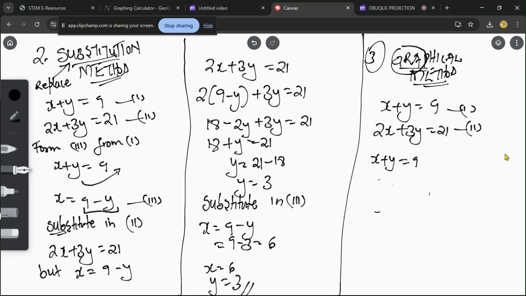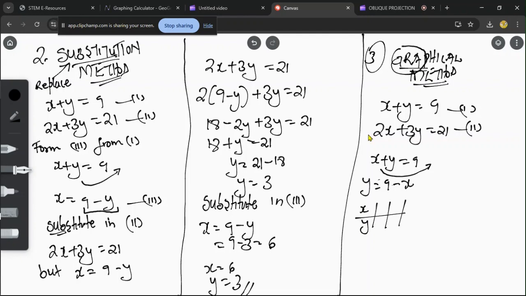So let me take x on the other side. If I take this one to the other side, it was positive, so it will be negative. So y is 9 minus x. Then I come and have the values. I have like 3 values of this. So I'll have x on one side and y like that.